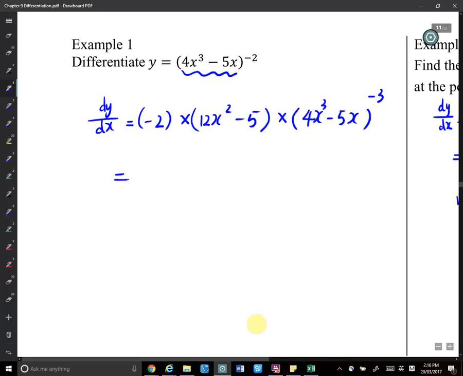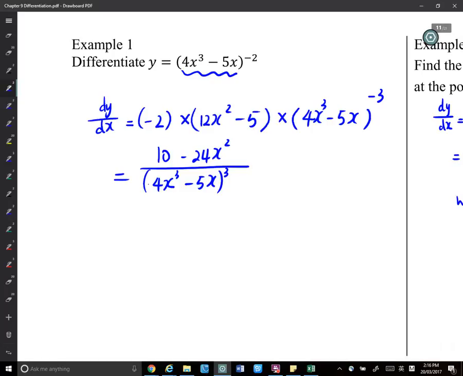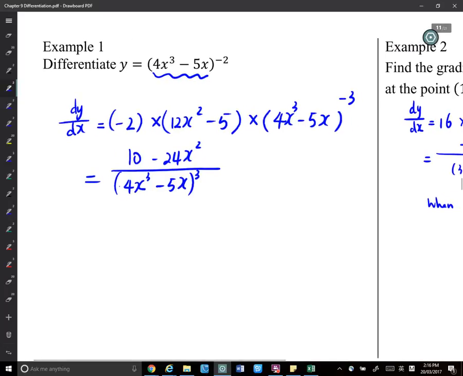So what I will have is (10 minus 24x squared) over (4x cubed minus 5x), the whole thing to the power of 3. That's how you use the chain rule. We must remember the chain rule.